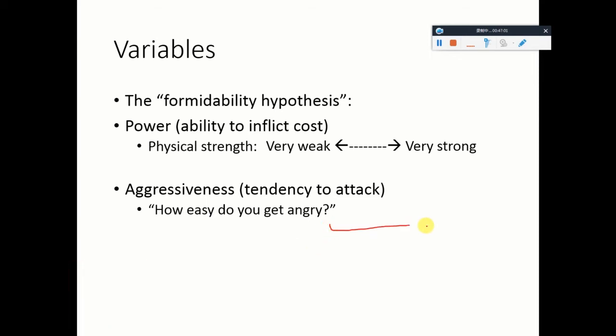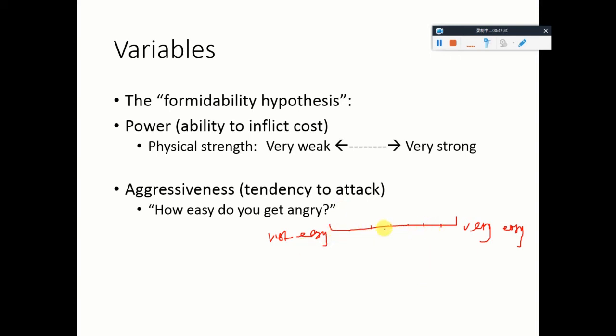Ranging from not easy at all to get angry to very easy. So again, this continuum contains all the possible values.